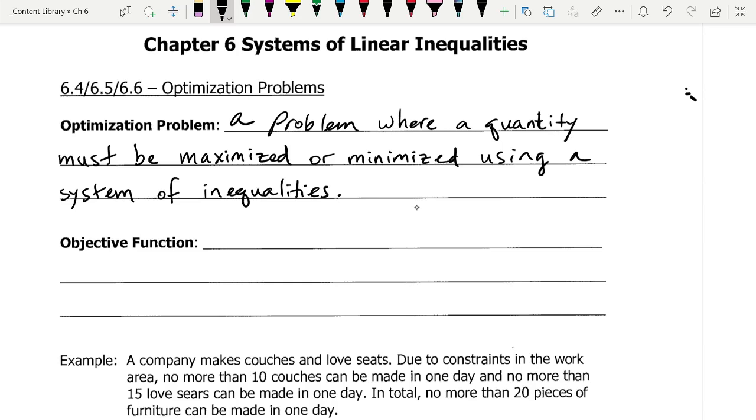So that's what an optimization problem is. It's a problem where a quantity must be maximized or minimized using a system of inequalities.